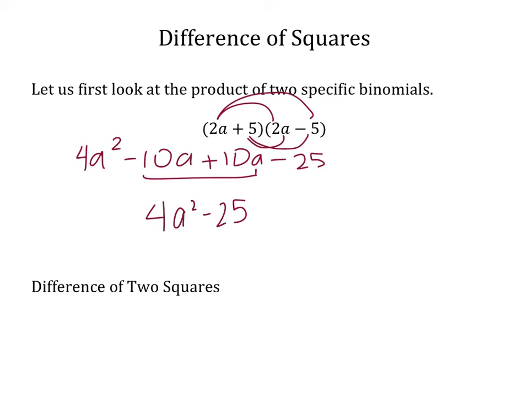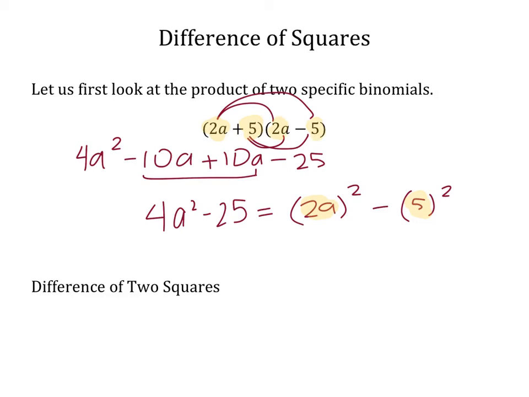And you'll see I can actually rewrite this 4a squared as 2 squared times a squared, so (2a) squared, minus 5 squared. So this is an important thing because these are actually the same, 2a and 5, as my original terms, right? 2a and 5.